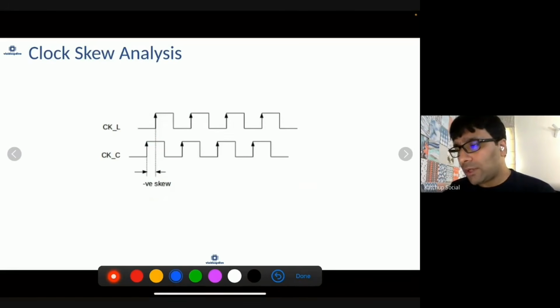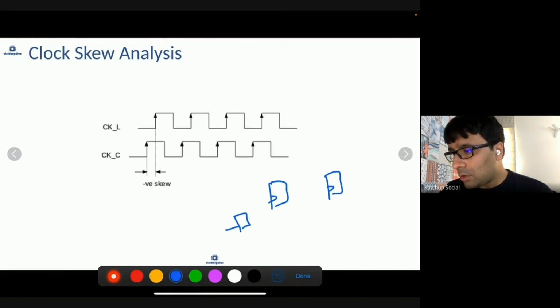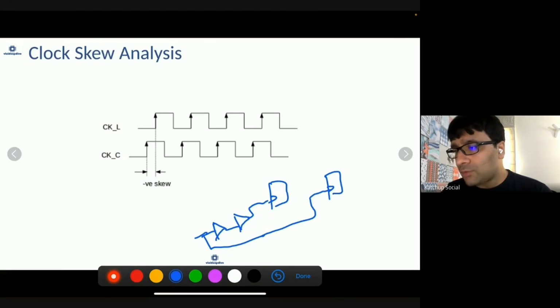The skew can also be negative. Let's say the launch has more delay than capture. So this clock edge will have less delay, and this will have more.